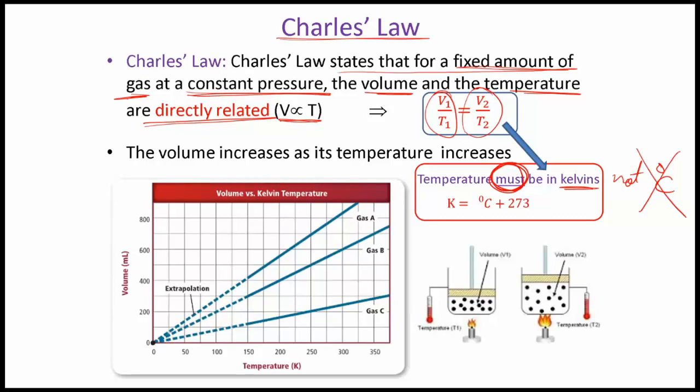So when you substitute in this equation, you have to change the Celsius into Kelvin. How to do that? It's a simple relation. The temperature in Kelvin equals the temperature in degrees Celsius plus 273. Okay, guys? So Kelvin equals Celsius plus 273.